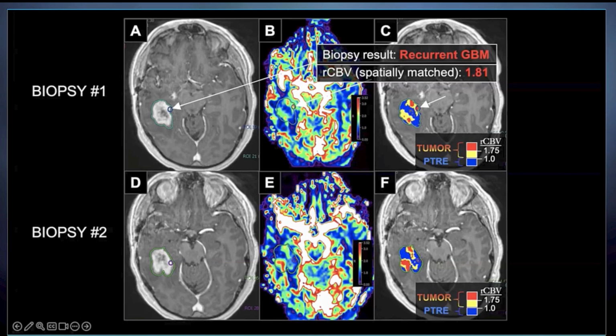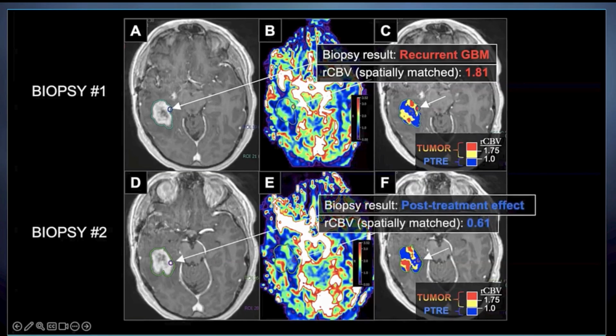And on the FTB map, if you again provide a simplified thresholded map, the color code actually looks predominantly blue here. And so this was suspicious preoperatively for an area of post-treatment effect. It was sampled and confirmed our suspicion that this was an area of non-tumor post-treatment effect.